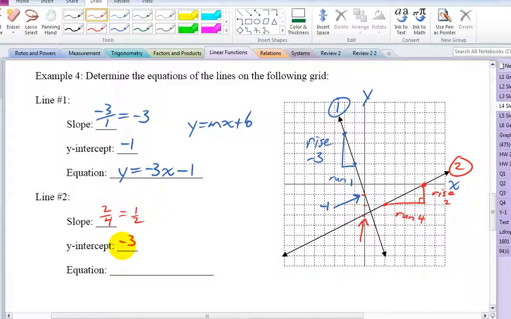Sonny, what'd you get? Don't forget the y equals part.